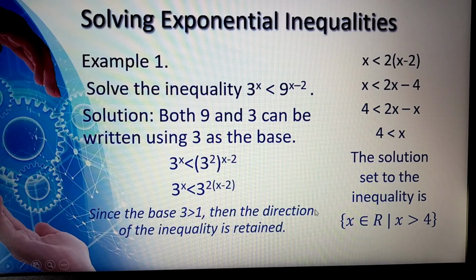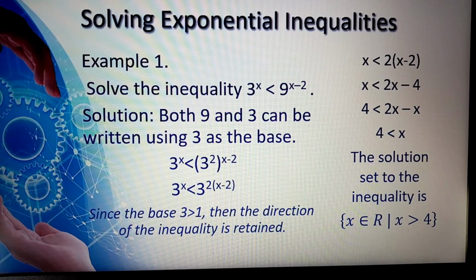The solution set is x an element of real numbers such that x must be greater than 4. This is our solution set. It means the value of x can be 4.00001 and so on. That's all for example 1.